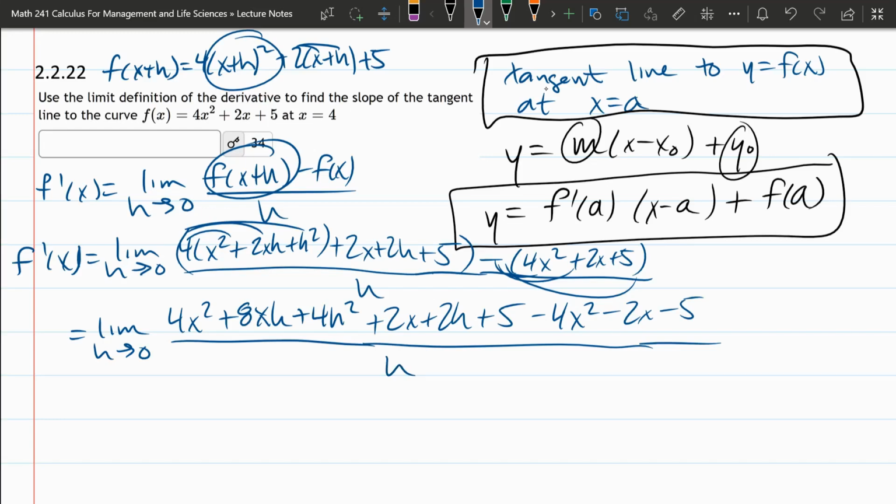All right, all this divided by h. Now, we really need things to cancel. So negative 5 plus 5 cancels. Negative 2x, positive 2x adds up to 0, cancels. Let's see, 4x squared, negative 4x squared cancels.